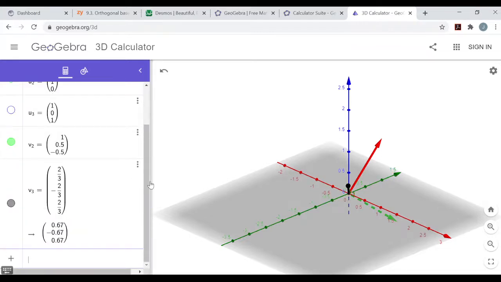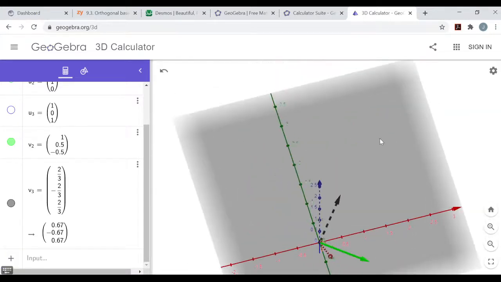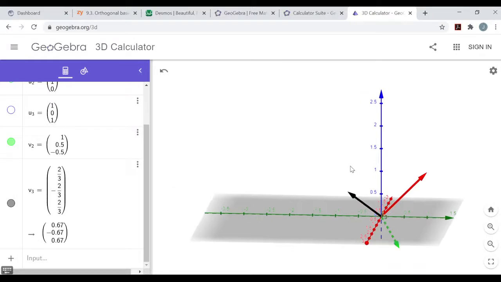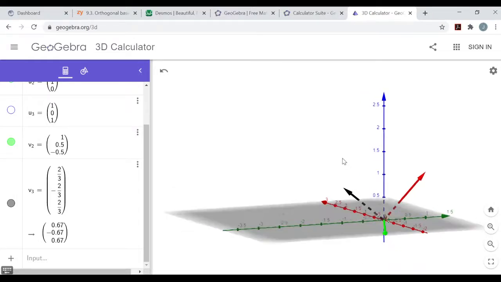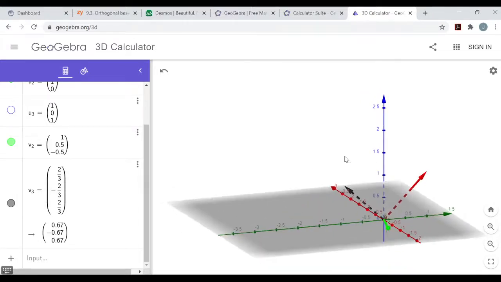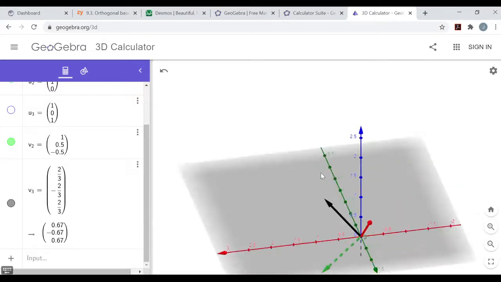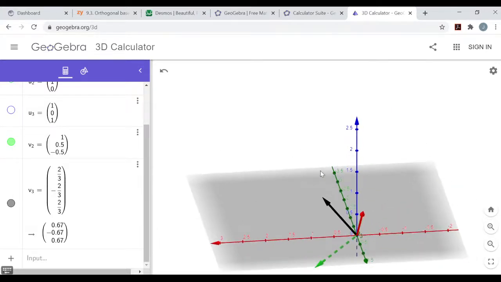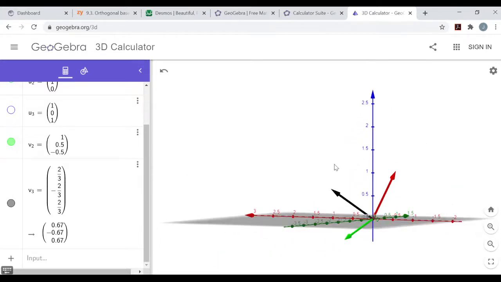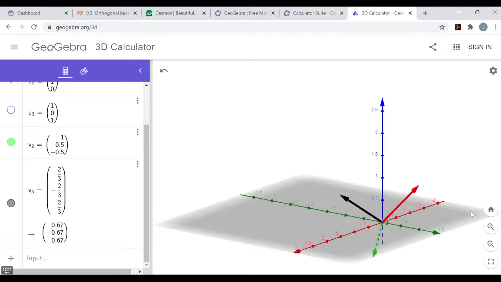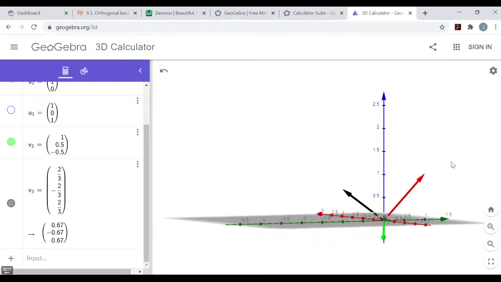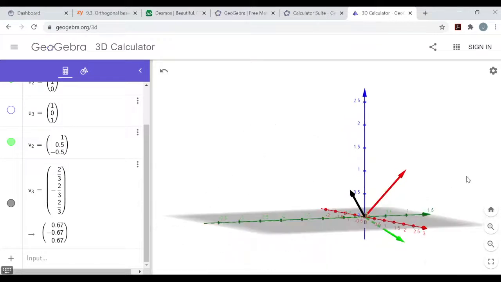And you see that these vectors are orthogonal. Like see the red and the black form a 90-degree angle. Maybe it's easy to see there. And then the red and the green would form a 90-degree angle. Maybe you can see it there. And I already showed you the green and the black. So these 3 vectors do form an orthogonal basis for R3.